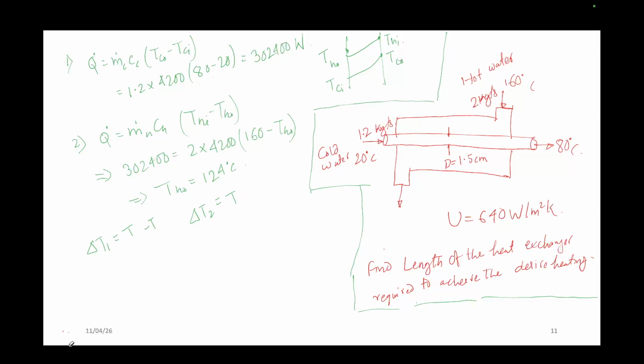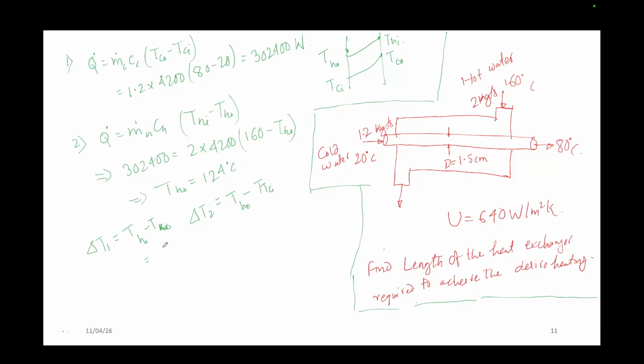Not numerically wrong, but physically it will be wrong. So try to draw this temperature profile along with the question, because then the examiner will see that you have understood the concept. So if somehow you do not know the numerical value or there is any mistake, you will get marks based on your solution. THI minus TCO and THO minus TCI. So what would it be?